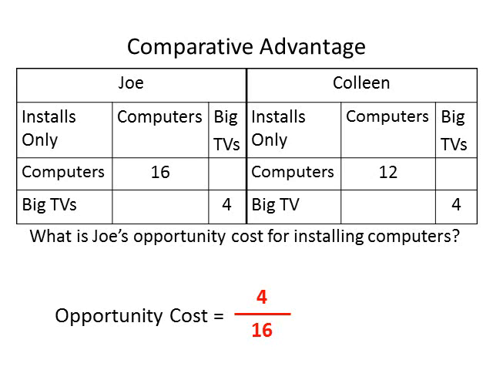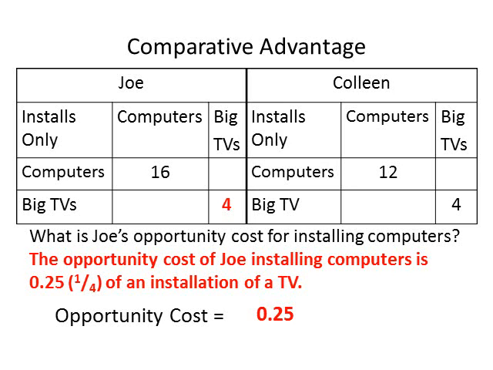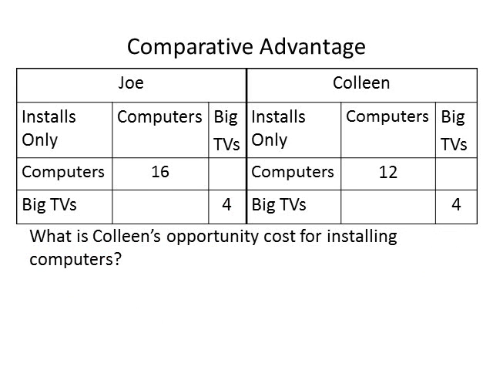Dividing 4 by 16 gives 0.25, or 1/4. The opportunity cost of Joe installing computers is 0.25, or 1/4 of an installation of a TV.